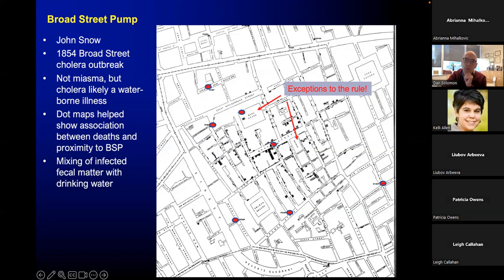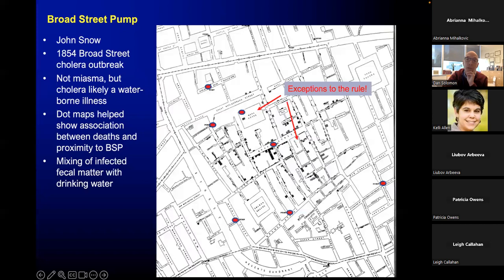So the Broad Street pump is right here in the center of the figure. And you can see that there were no cases right here, even though the people who were living here would live closest to the Broad Street pump where there was cholera-infected water. But these people actually lived above an alehouse, and so they didn't drink water; they drank beer.